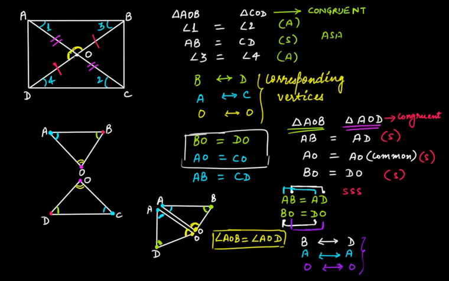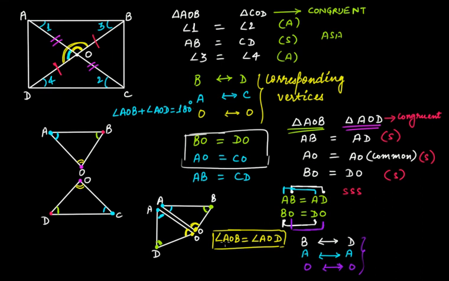What does that mean? If you look at this angle, it's a linear pair, because this angle plus this angle, these two angles are forming a linear pair, and therefore the sum will be equal to 180 degrees. So angle AOB plus angle AOD is equal to 180 degrees.